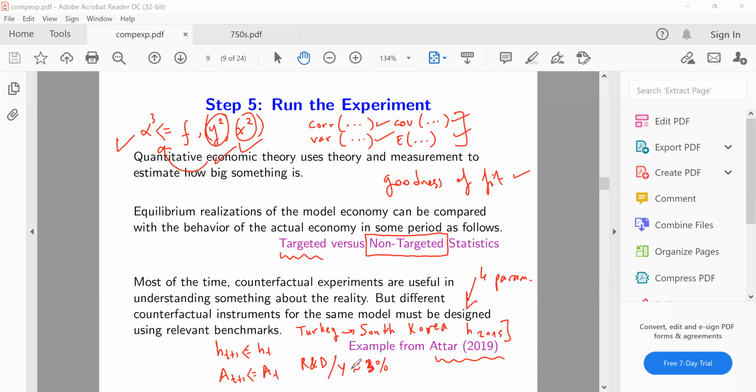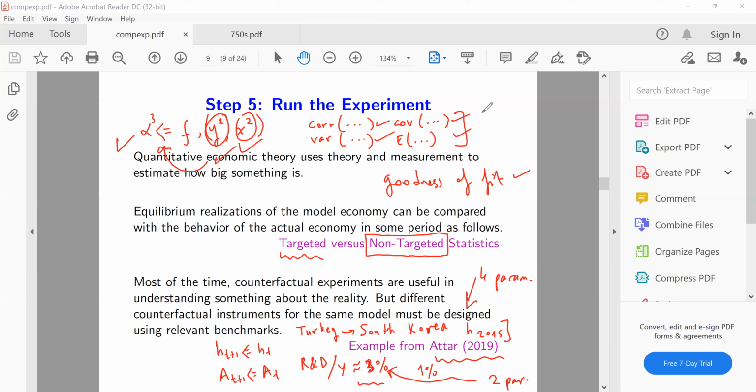Suppose that total R&D spending in Turkey is equal to 3% instead of 1%, okay? But once again, there are 2 parameters that imply that 3% level, okay? So in a sense, I need such benchmarkings for designing different parameters.